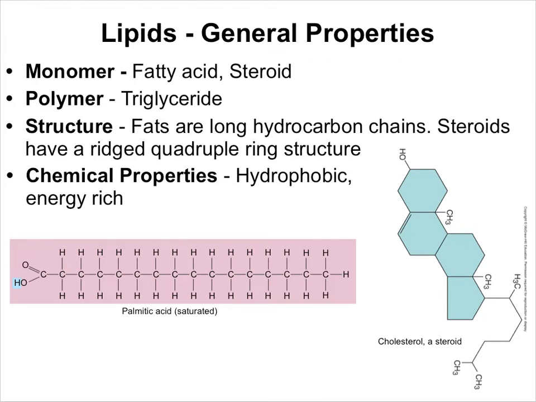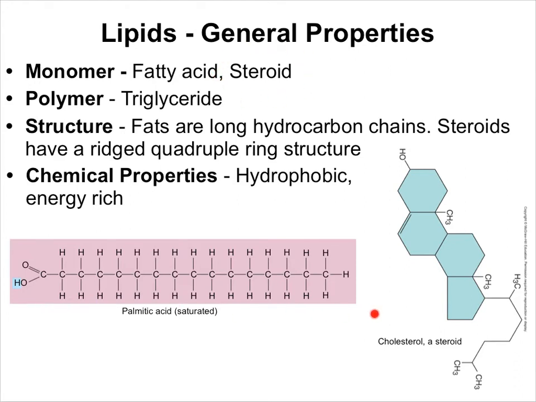A protein might have hundreds or thousands of amino acids in it. A DNA strand could have hundreds of thousands of nucleotides in it. For lipids, it's usually going to be like 1, 2, or 3, and it doesn't really get more than that. There are 2 types of monomers that you might see in lipids, and those are fatty acids and steroids.